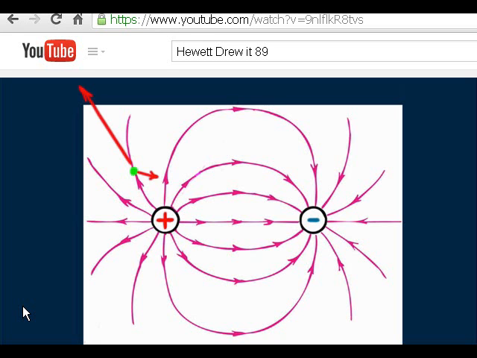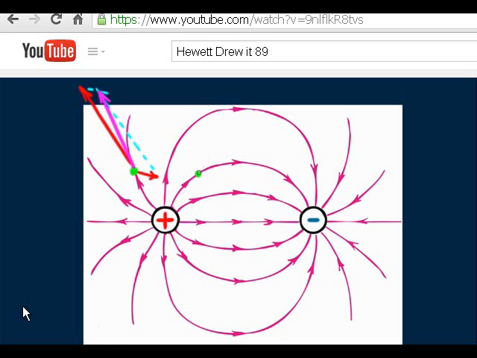We see it smaller, in accord with the inverse square law. We draw a parallelogram for these two vectors, and this gives us the resultant force at this location, right here where the green dot is. Notice the direction coincides with the direction of the composite field at this point.